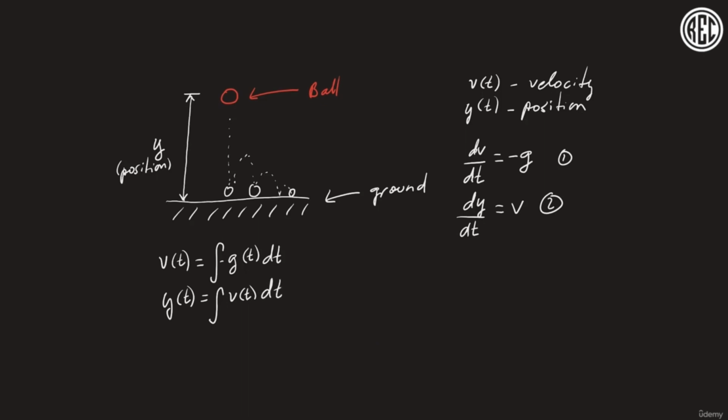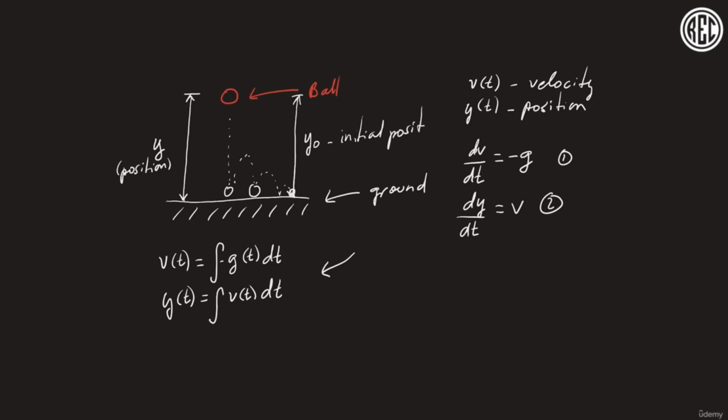So what we need to do then in Simulink is find a way that we can represent these two equations using Simulink blocks. And then we're also going to have to give it, of course, the initial position of the ball. So we're going to call that y of 0, the initial position of the ball.